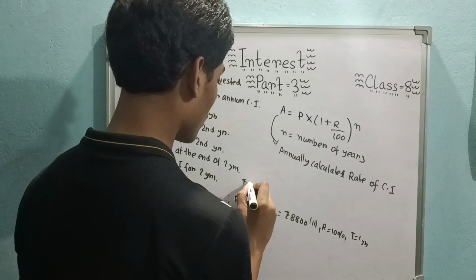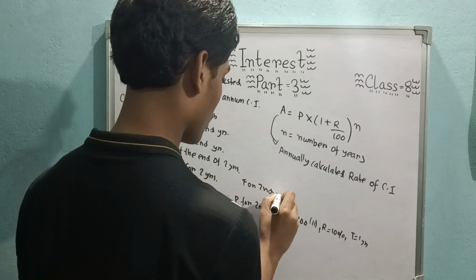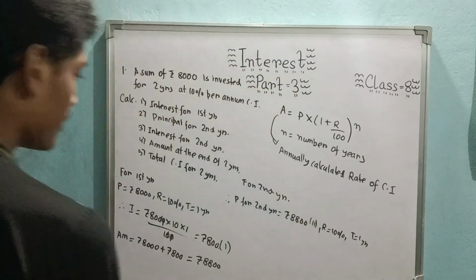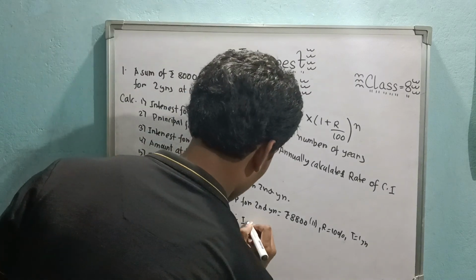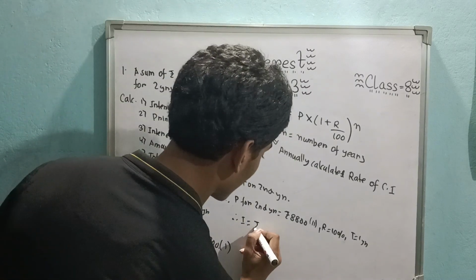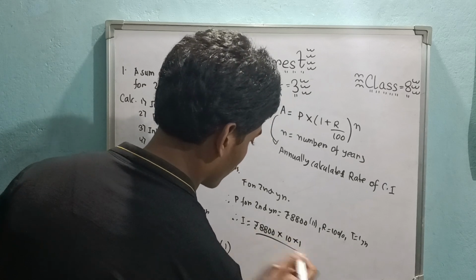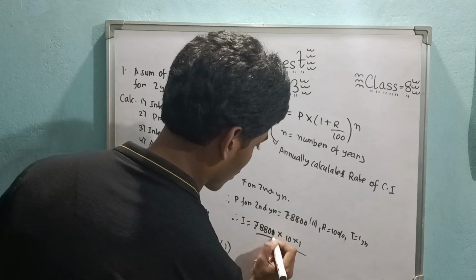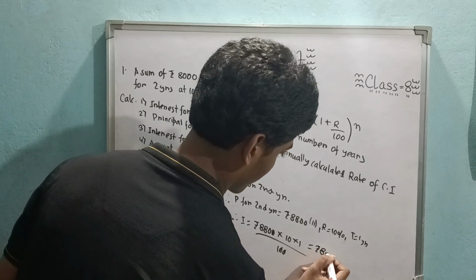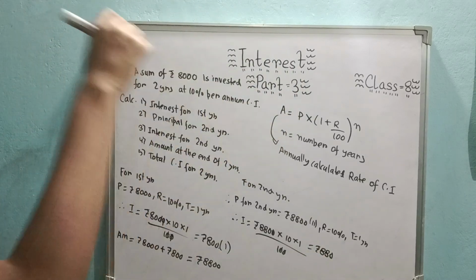This is now for second year. Now again calculate interest. Therefore the interest will be equal to principal 8,800 into R 10 into 1 by 100, rupees 880. They asked us the interest for second year, right?